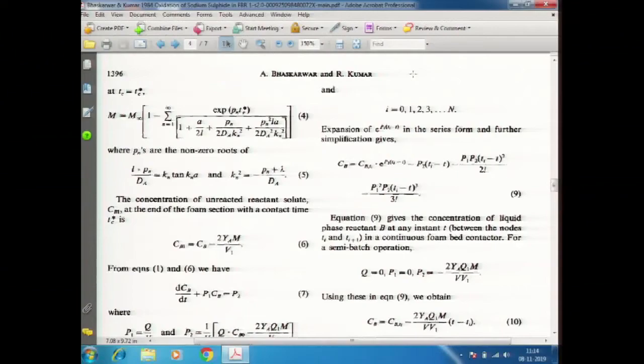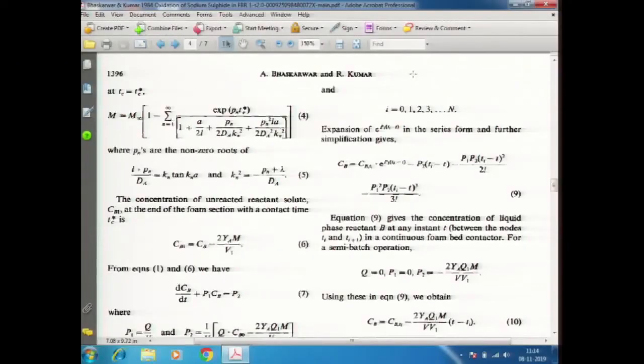So, not everything is complete and rigorous here, because we have to now fall back on this consideration that the time of contact in the foam section, although much larger than that typically offered in any other kind of reactor, would still be of the order of maybe 10-15 seconds or so.